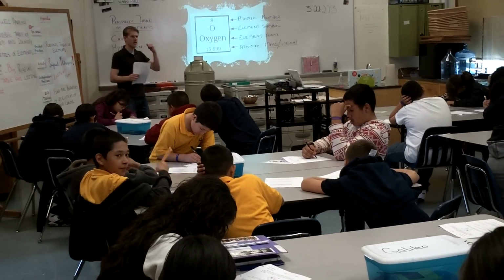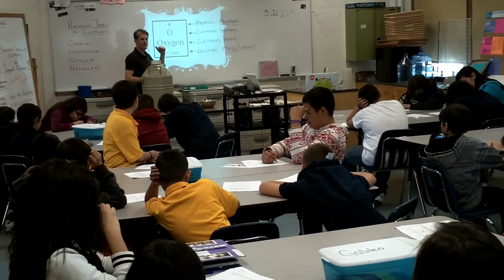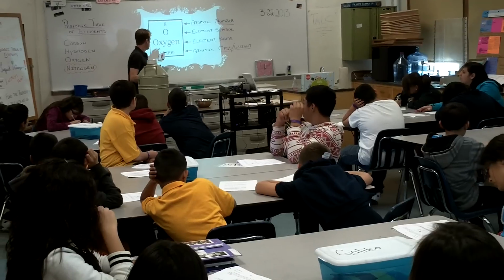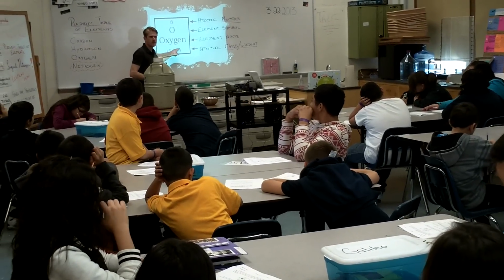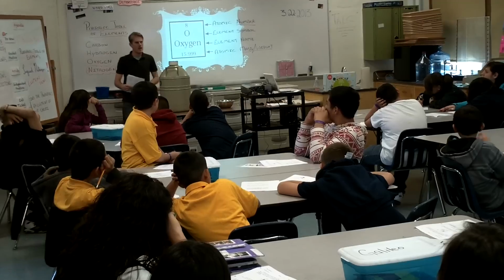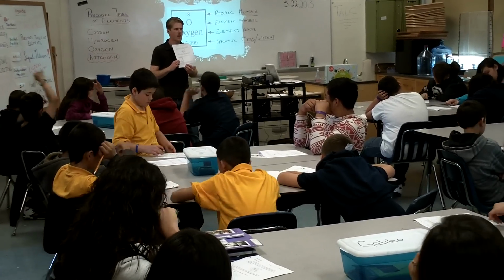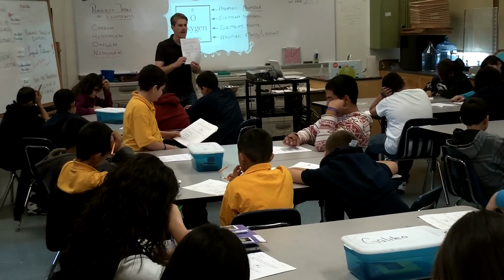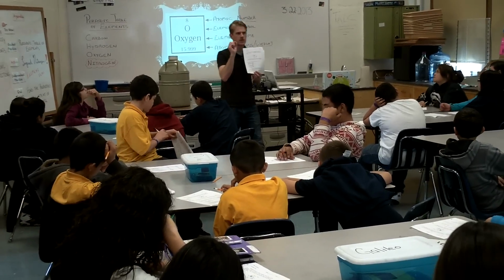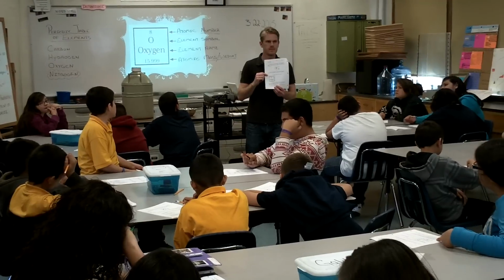Okay, so eyes up here. This is about 16. 15.999. What this number means is that if I had, everyone put your finger on that crazy big number, if I had that many atoms of oxygen, it would weigh about 16 grams. What?